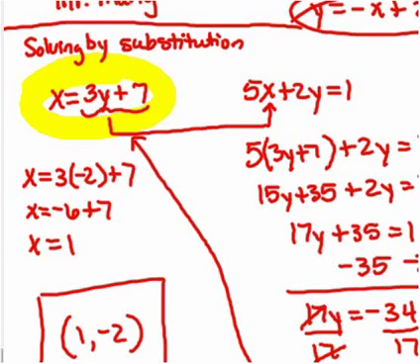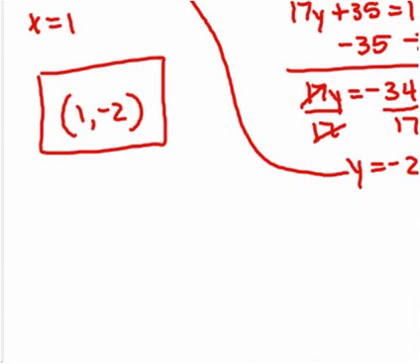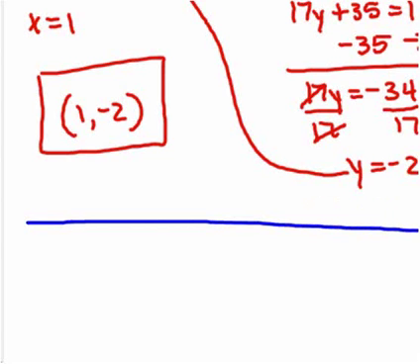So let's explore. Solve by substitution. X minus 3y equals 2. And 2x equals 6y plus 8.